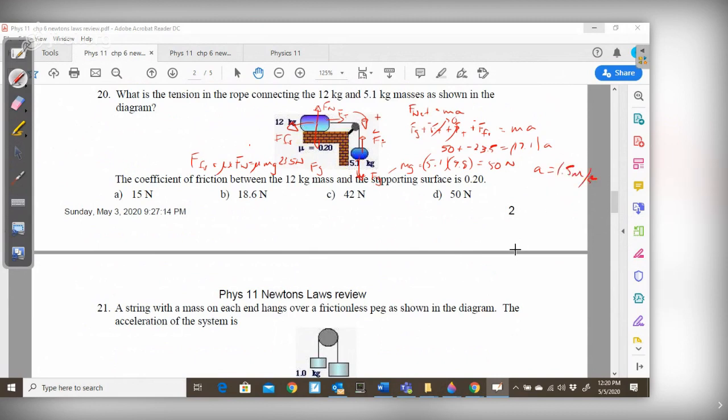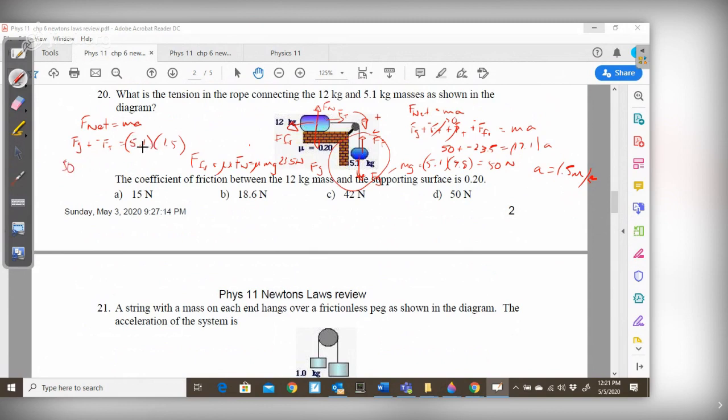meters per second squared. All right, so I'm going to take a look at this mass, and again, F net is equal to ma. So we're going to have our force of gravity plus a negative force of tension is equal to our mass, which is 5.1, times our acceleration, which is 1.5. Our force of gravity being 50 newtons.